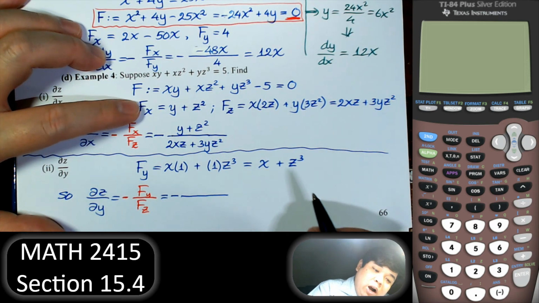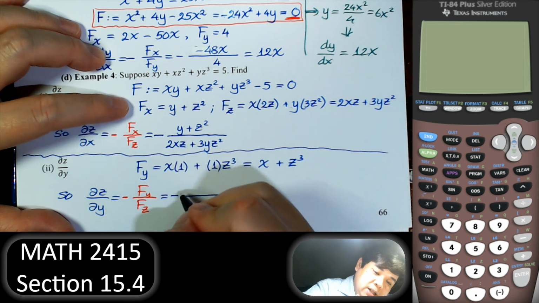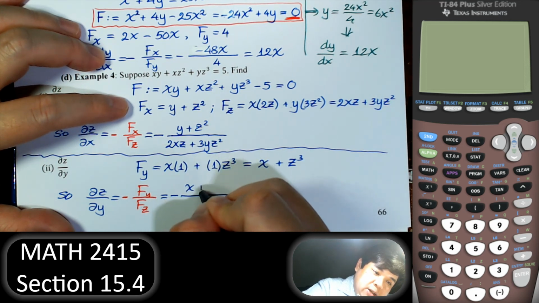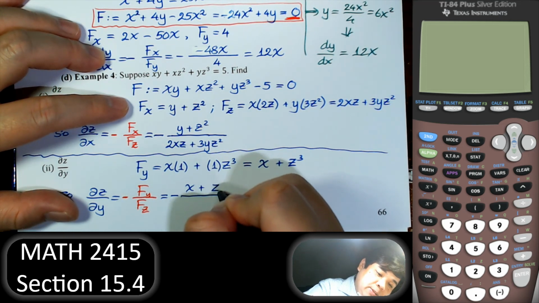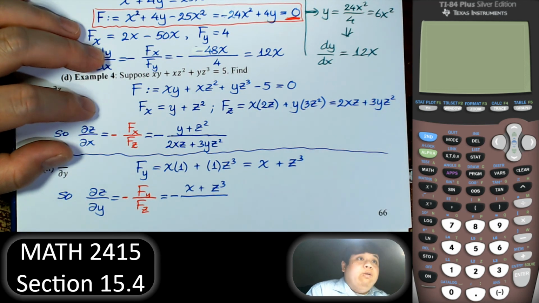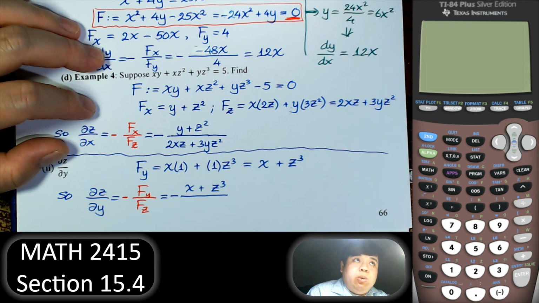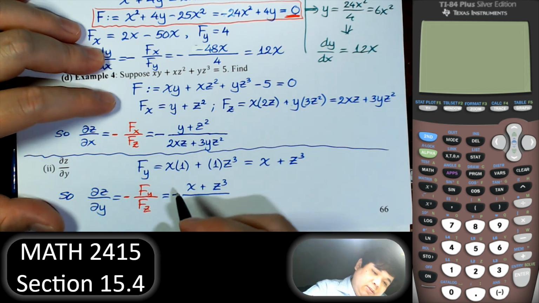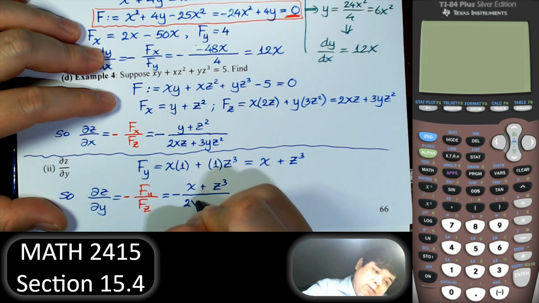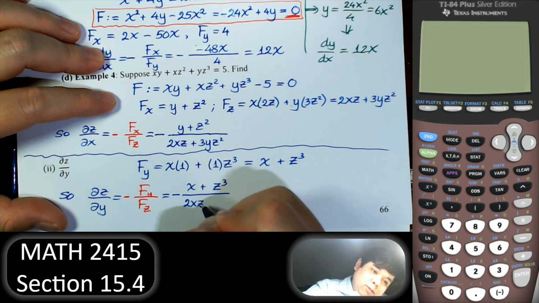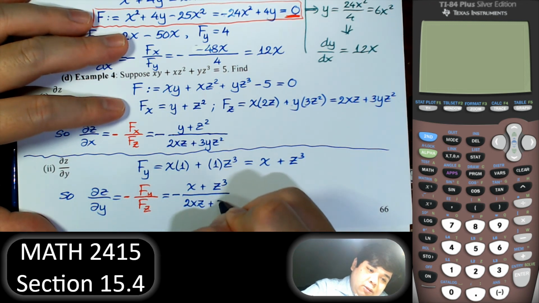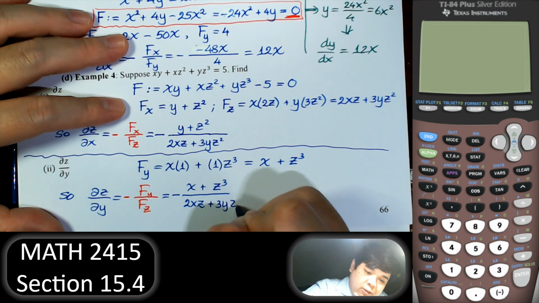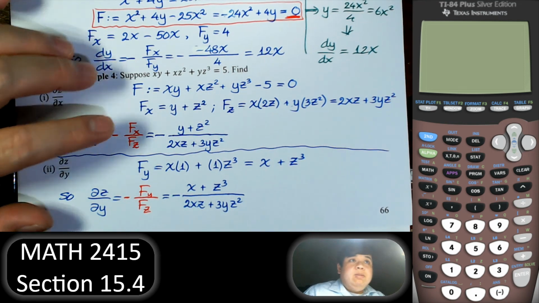Derivative with respect to y is this, x plus z cubed, over derivative with respect to z, which is this. Right, so that's all we have.